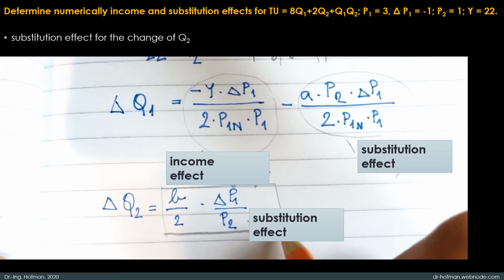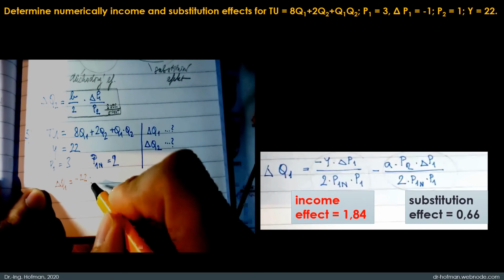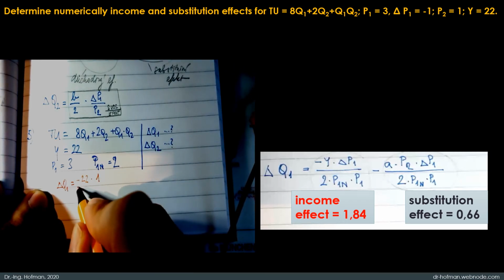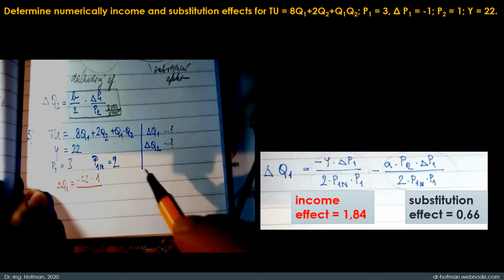Let's explain the indices A and B because the rest is known. Let's express delta Q1 according to the expression on the right side. We'll start with the income effect.